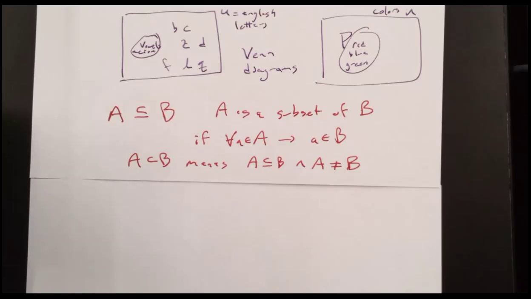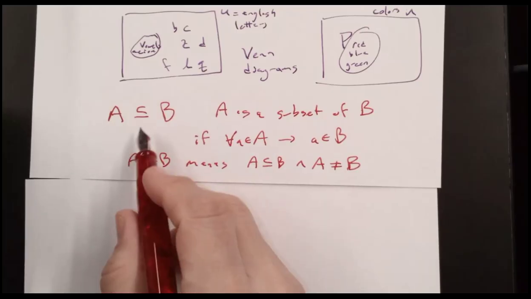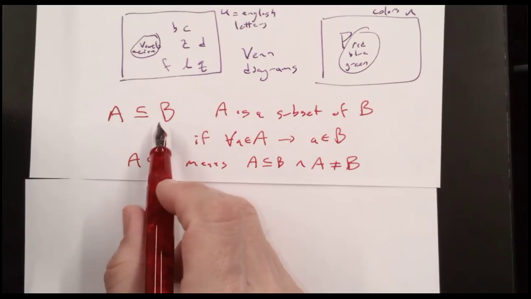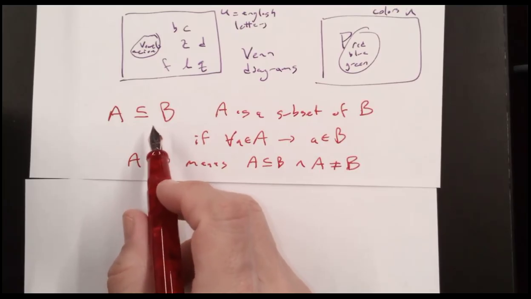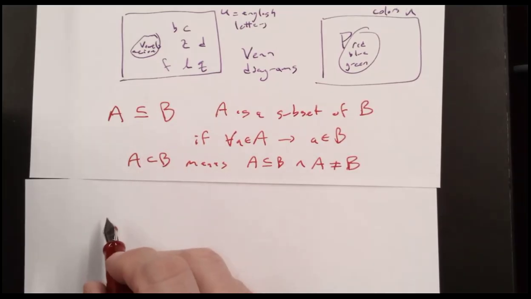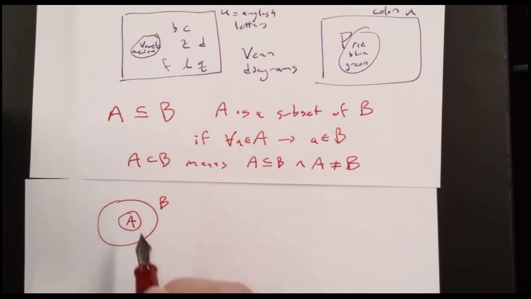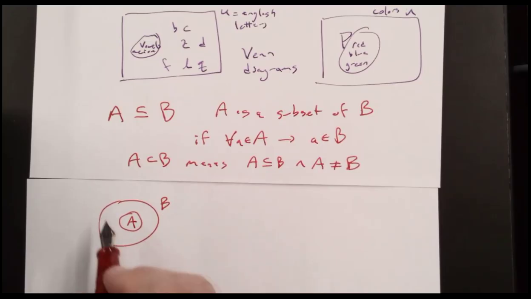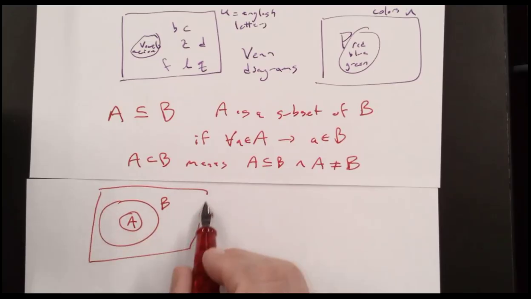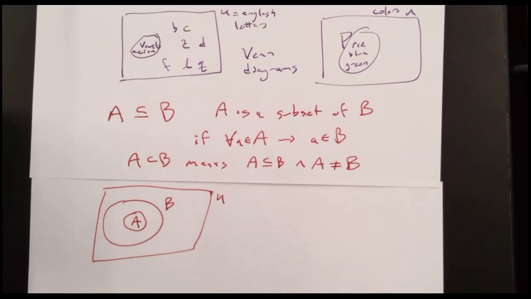For a subset, I want to have this behavior. So yeah, I want 2 circles, but I want the entirety of A contained inside B, inside whatever universe I'm working in.